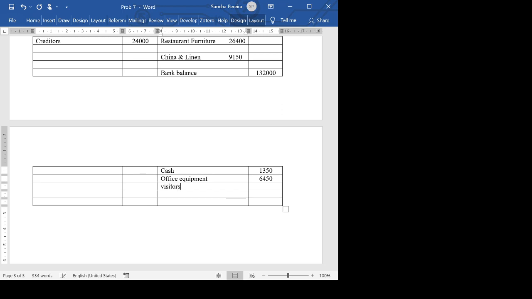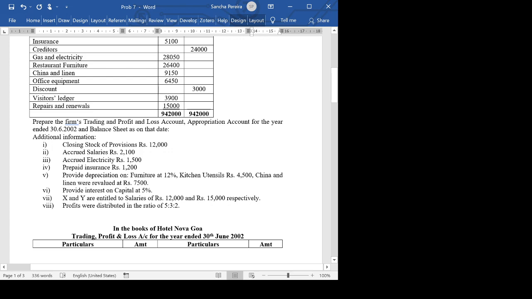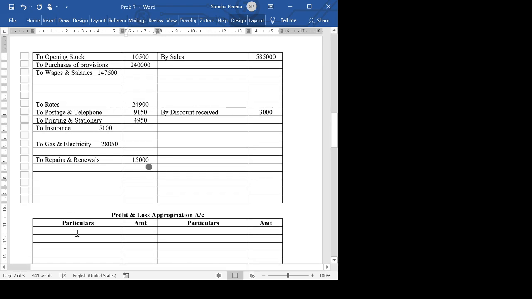I explained this right in the beginning. And repairs and renewals, 15,000. To repairs and renewals, 15,000.